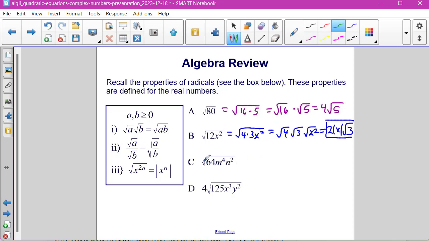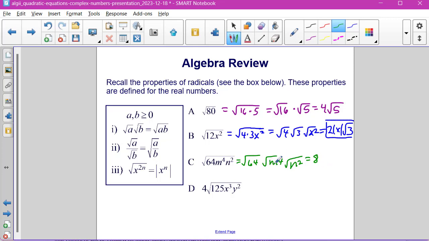We have the square root of 64 m to the 4th power n squared. That's going to be equal to the square root of 64 times the square root of m to the 4th times the square root of n squared. Square root of 64 is 8.